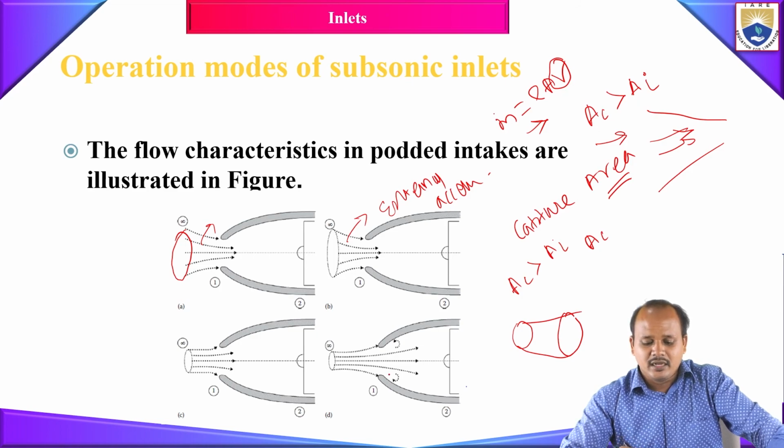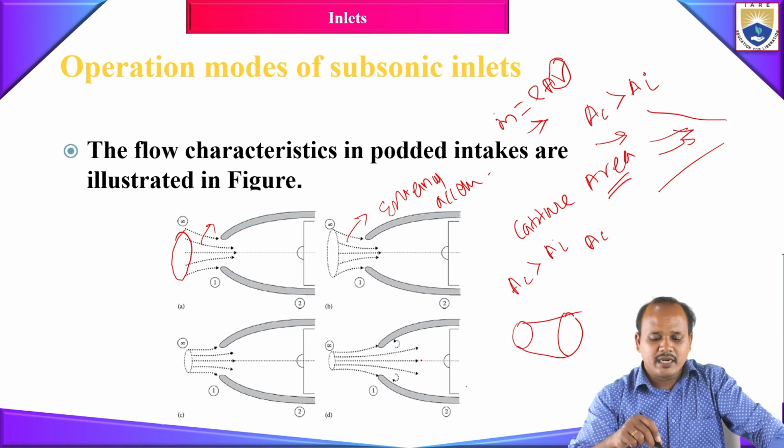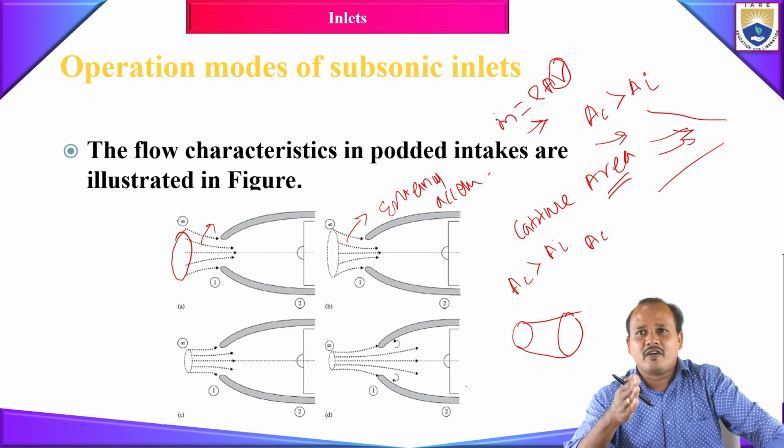That's why, even if you have a sufficient amount of thrust, if you overspeed you will have a huge amount of loss, because flow separation occurs in the intake. So whenever we operate at different conditions, the capture area varies accordingly, and you will have either external acceleration or external deceleration to continuously supply only the required mass flow rate.